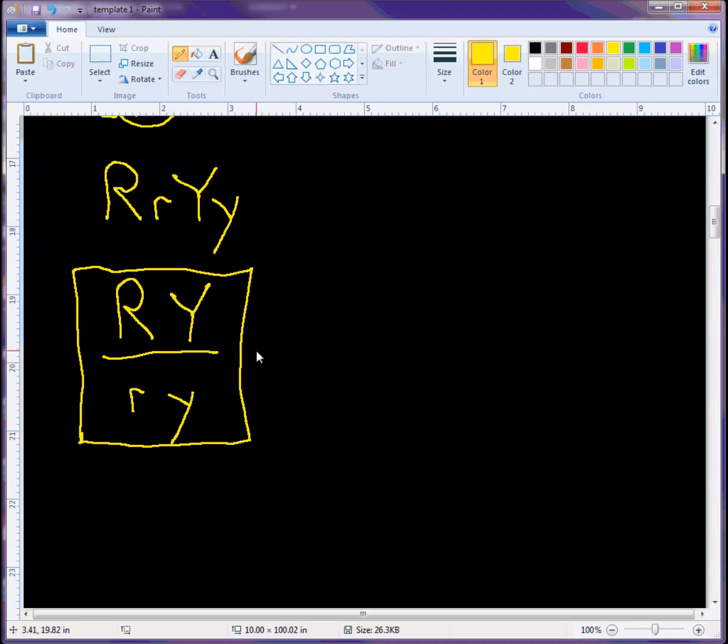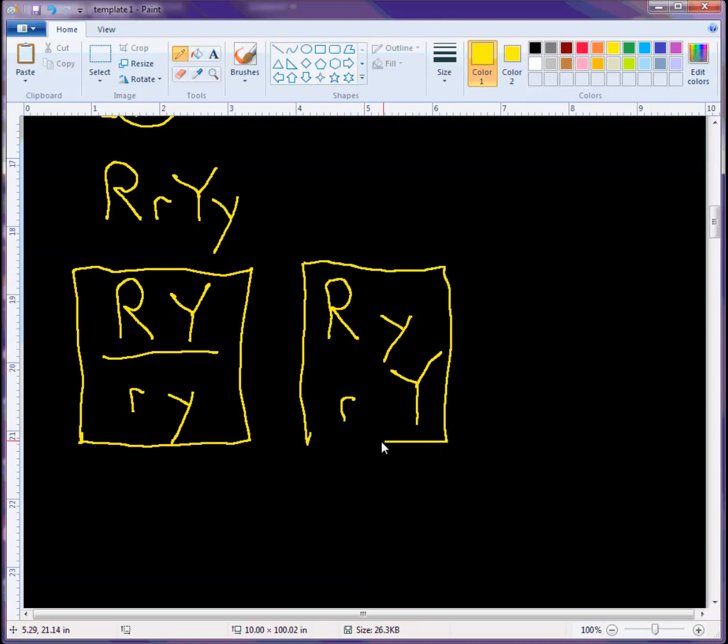And the other arrangement is big R with little y and little r with big Y. So there are no other possibilities here. And we need to determine which arrangement is the correct one just by looking at the numbers of the progeny of the offspring.